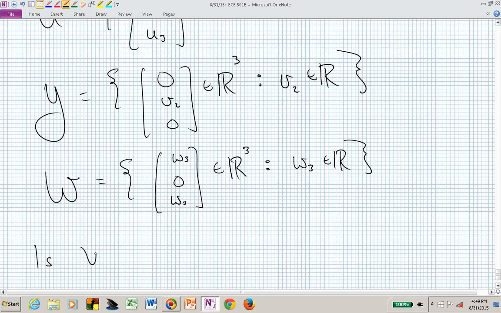And now we want to check, is V, which is all of R3, a direct sum combination of U direct summed with Y and direct summed with W?